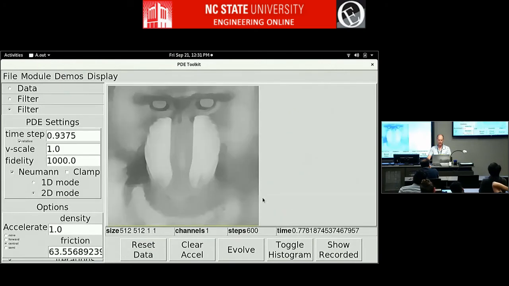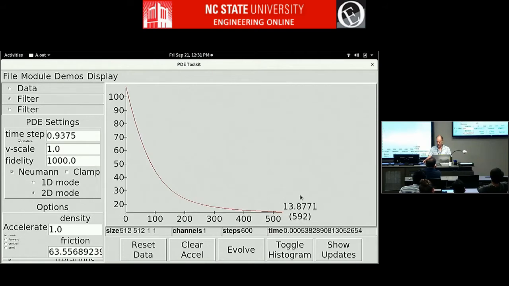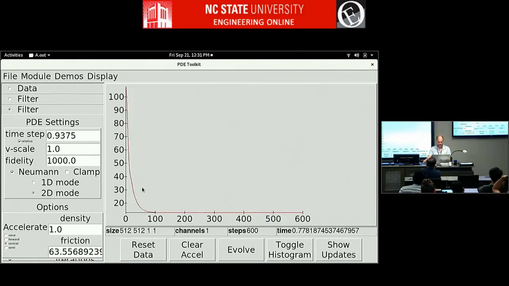If I look at the corresponding plot, starting from the same initial condition for the accelerated one, you can see how quickly it comes down. Okay, so to get to 13.8 here, I only needed 68 iterations compared to 600, right?